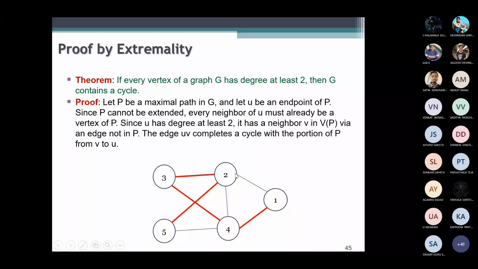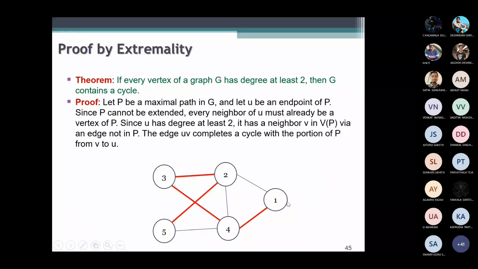So 1 4 3 2, this was in the path, 1 4 3 2. Along with that, the 1 2 edge will create a cycle.